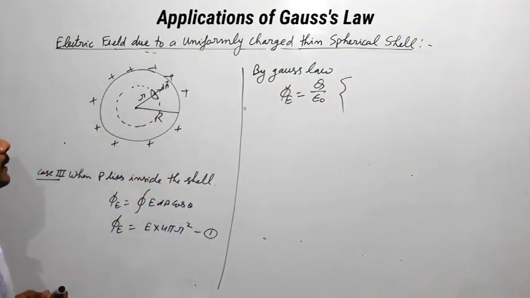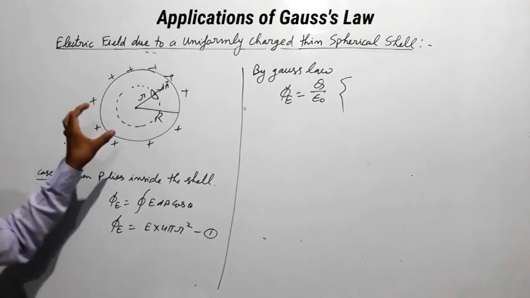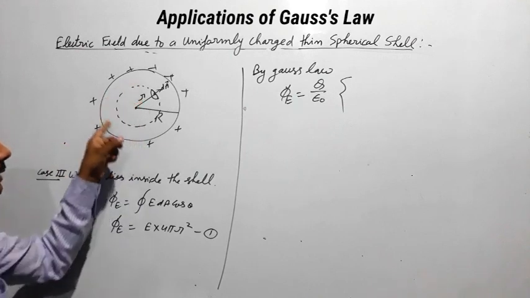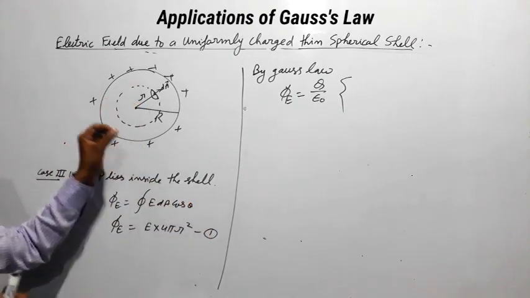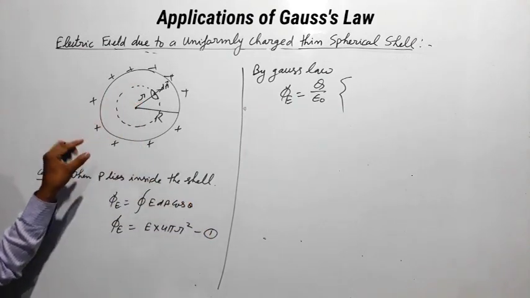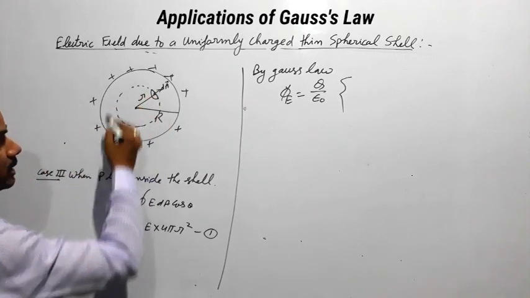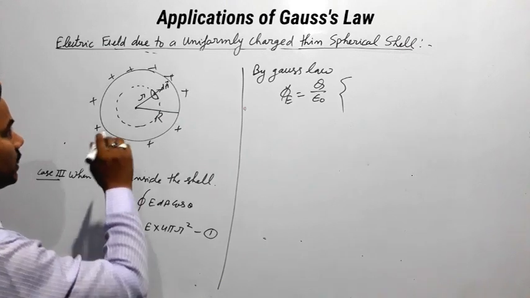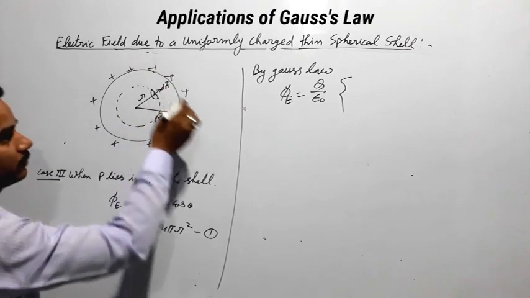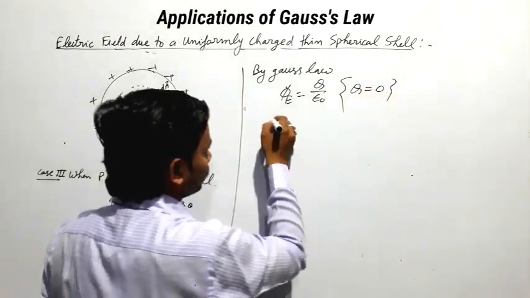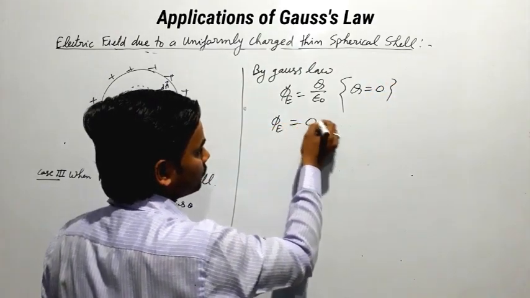Why? Because Gauss law states that the total electric flux passing through any closed Gaussian surface is 1 upon epsilon naught times the total charge enclosed by that surface, and the total charge enclosed by this surface is 0, because the total charge is situated outside from this surface. So total charge enclosed by this surface is 0, so phi E equals to 0.